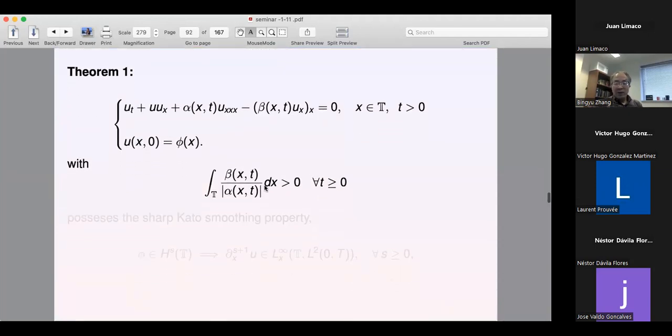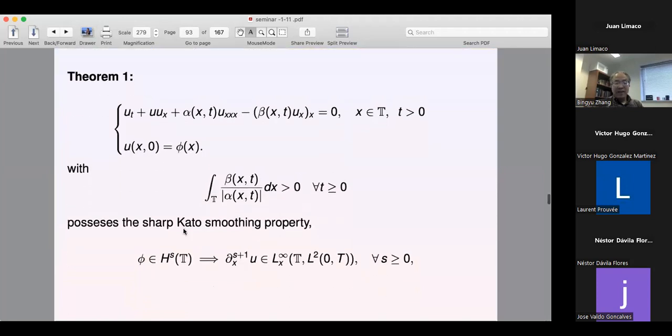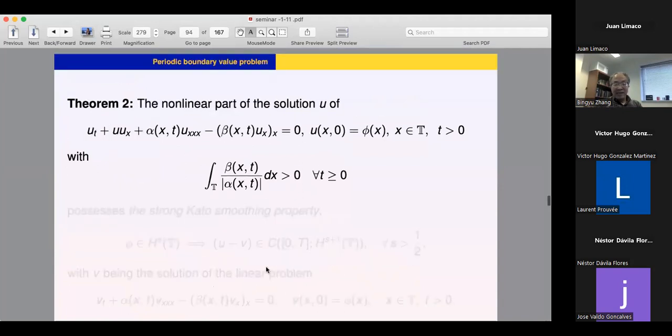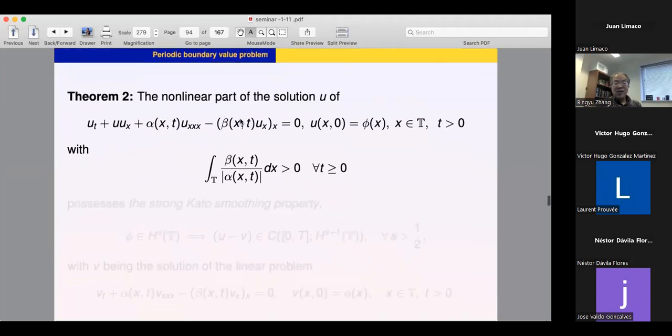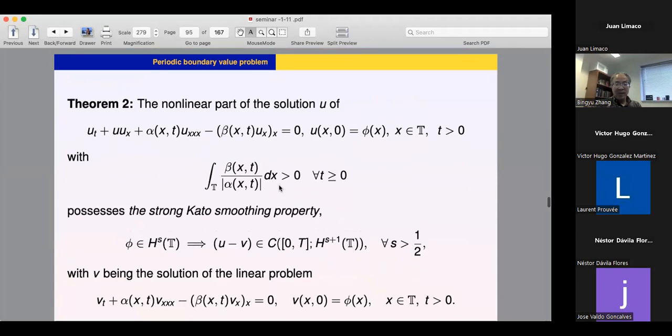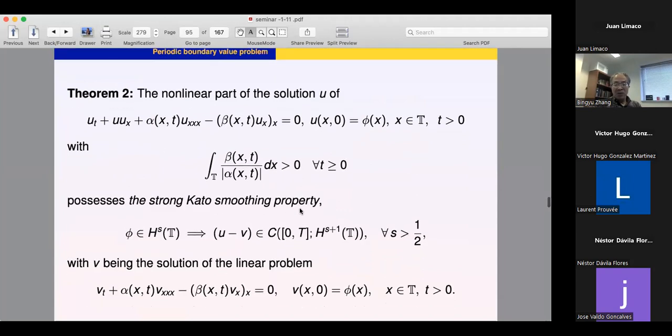With this weak dissipation, the solution possesses the sharp Kato smoothing property, so we improve our early work. Sharp Kato smoothing, one. And then we also show that the nonlinear part of the solution u of this nonlinear evolution equation possesses strong Kato smoothing. If the initial data is in H^s, then u minus v is the nonlinear part, where v is the solution of the linear problem and u is the solution of the nonlinear problem.